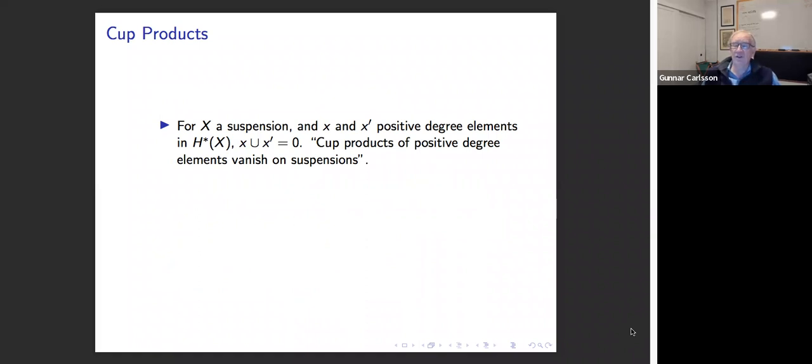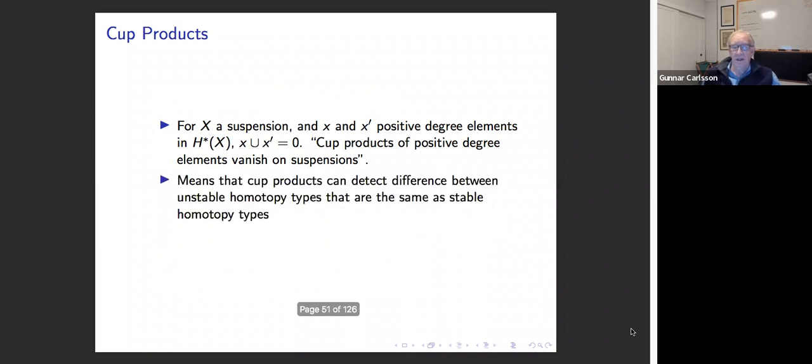So for suspensions, these cup products all go away. But they don't, for example, for the torus, as we'll see in a second. This means that cup products can detect the difference between unstable homotopy types that are the same as stable homotopy types.